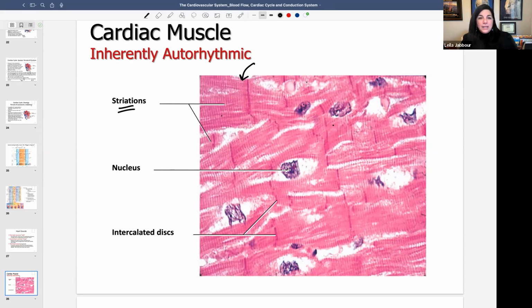Anyway, the nucleus is usually one per cell and it's central. Unlike skeletal muscle cells, they are multinucleate cells and they're very long cells. Cardiac cells are short, sometimes branched, like this.